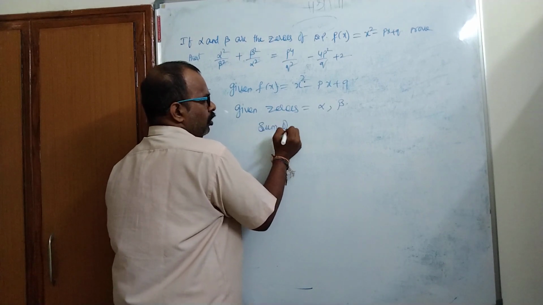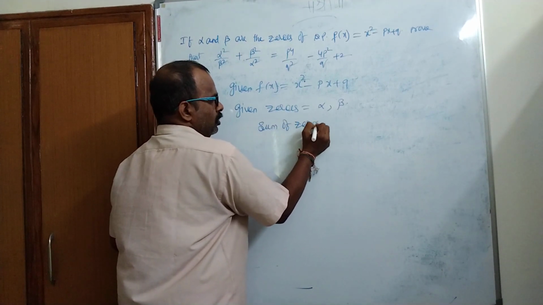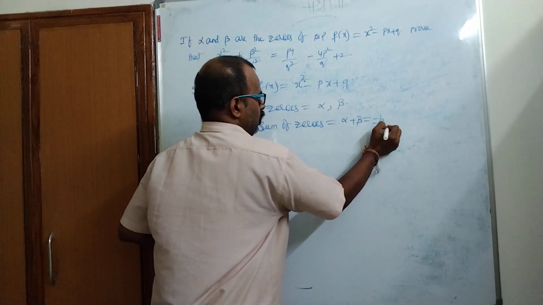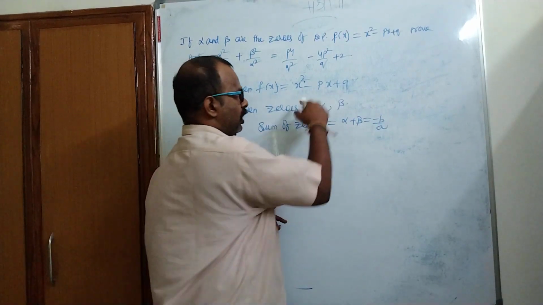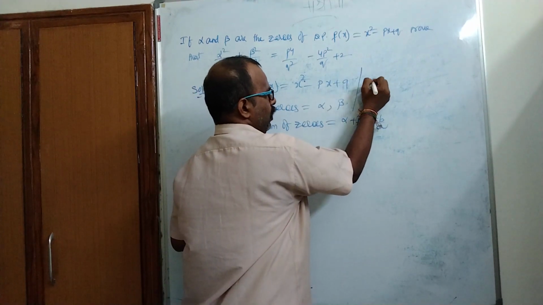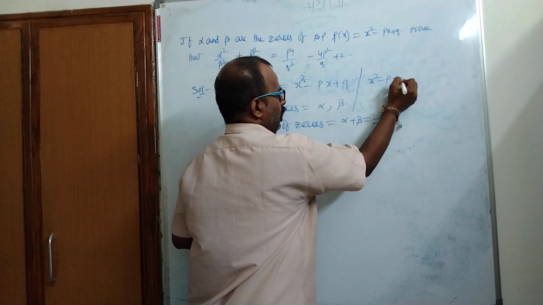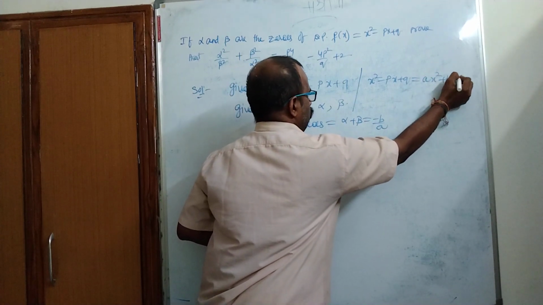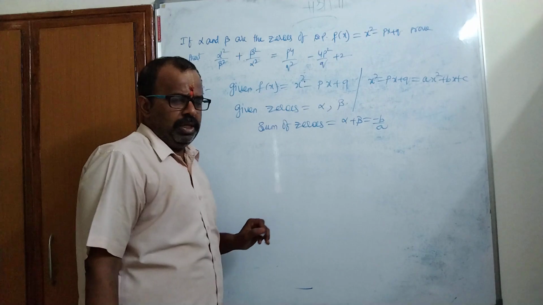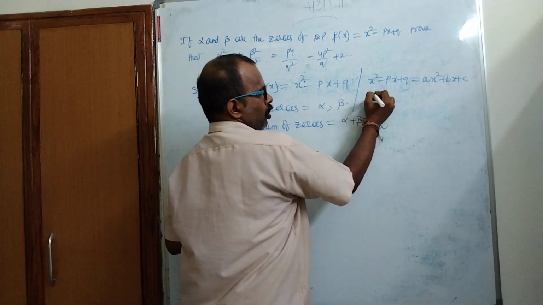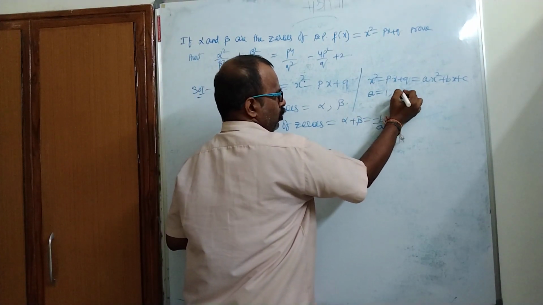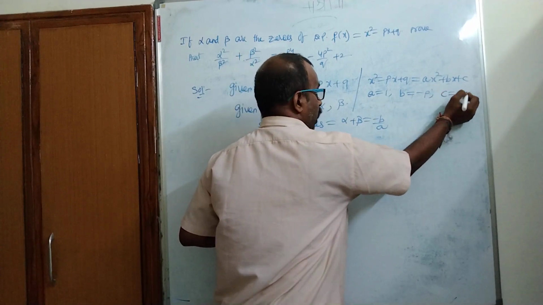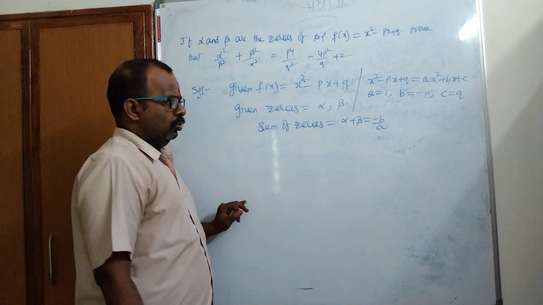So the sum of zeros is alpha plus beta is equal to minus b by a. Compare x square minus px plus q with ax square plus bx plus c. So here a is equal to 1, b is equal to minus p, c is equal to q.